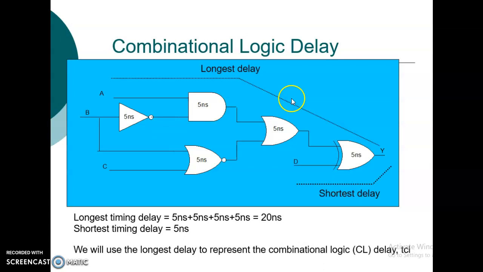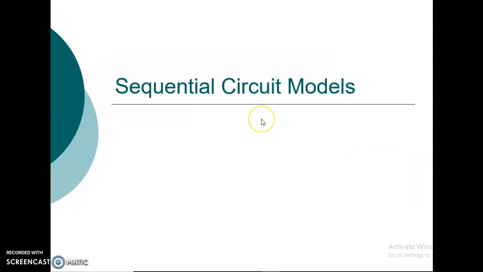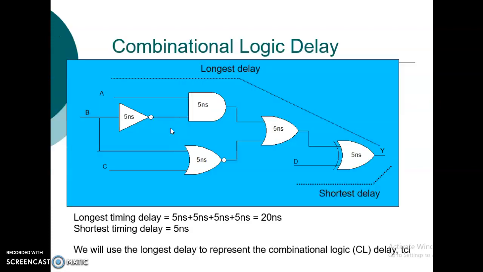Sequential circuit models: combinational logic delay.